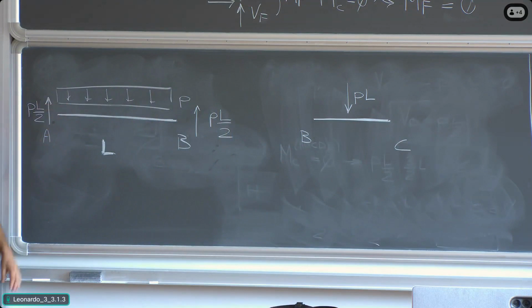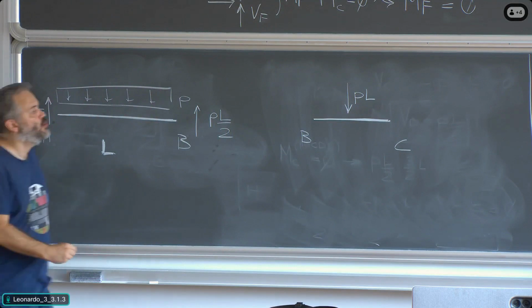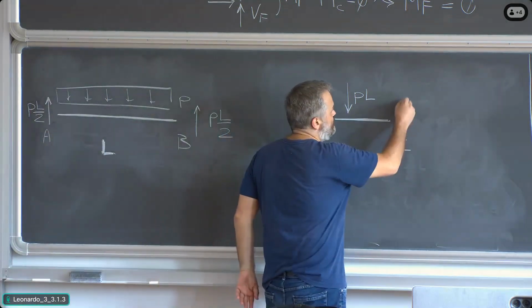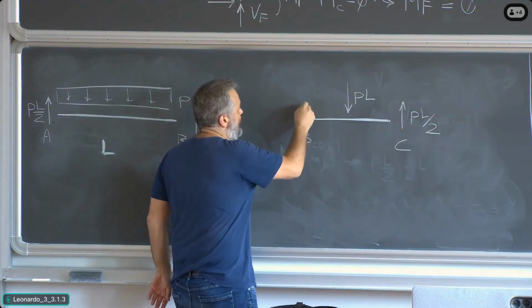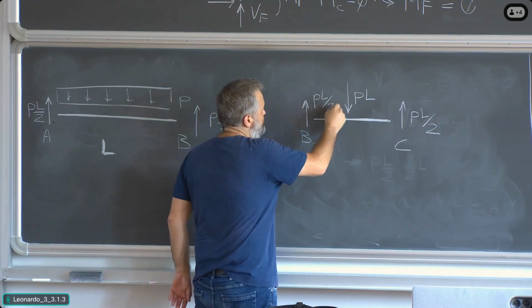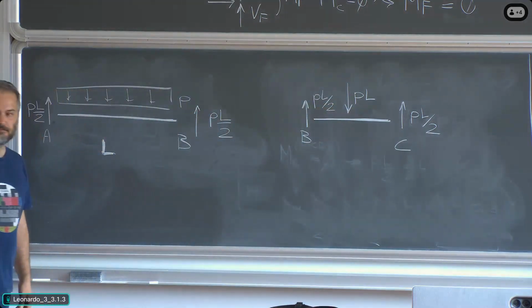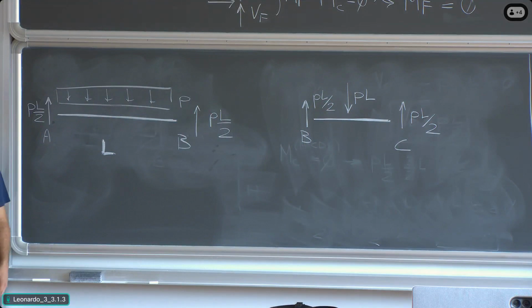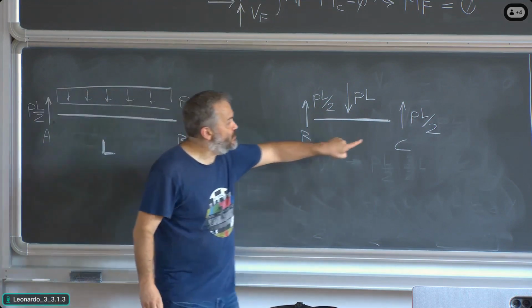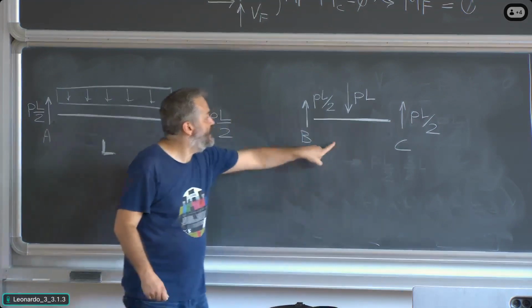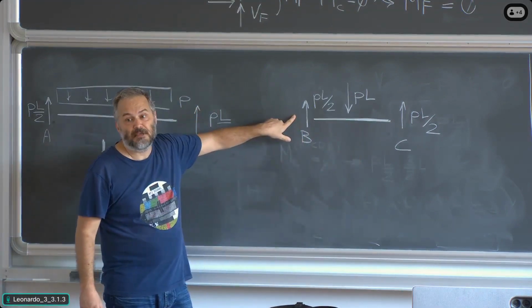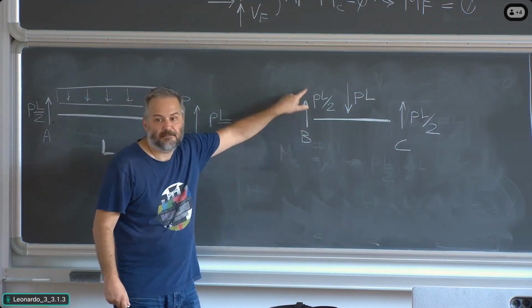If you think in the same way starting from point C, by looking at the column CF and what it has, you will realize that you will have PL divided by 2 at C and PL divided by 2 at B. Okay? Simply applying the principle of action and reaction at point C, as I did previously, and then looking at the equilibrium of B in BC to find what happens at B.